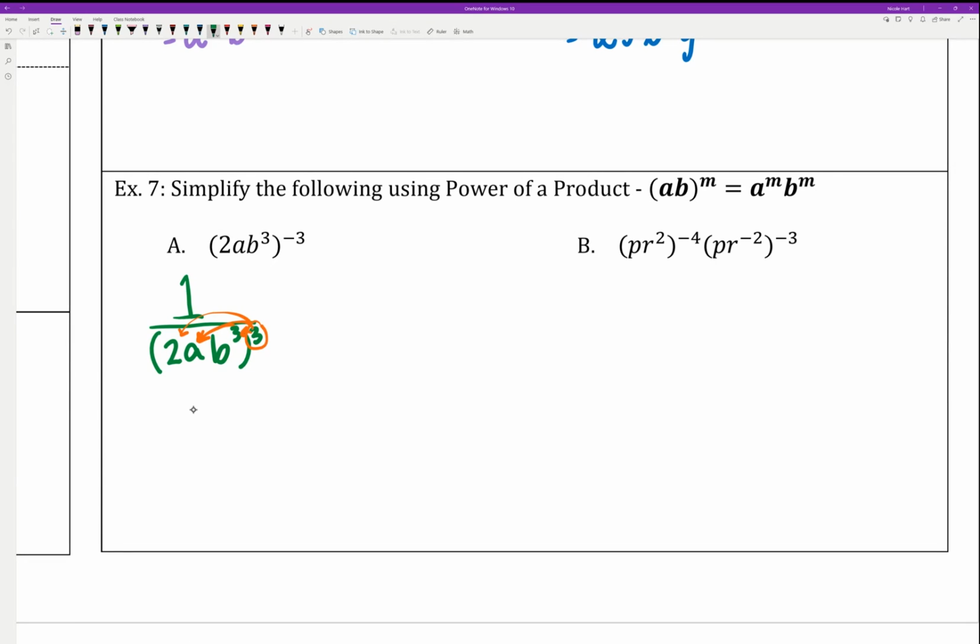When we do that, we have 1 over 2 to the power of 3, a to the power of 3, and b to the power of 3 times 3. When we simplify this for our final answer, 2 to the power of 3, you can use your calculator, is 8. A to the power of 3, and then b to the power of 9, because 3 times 3 gives us 9.